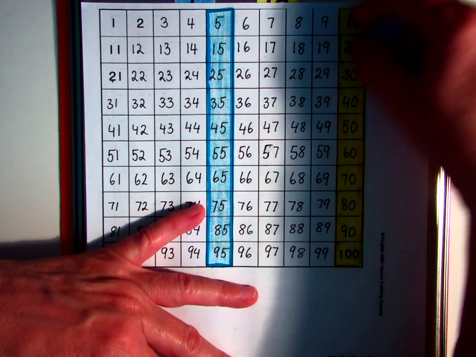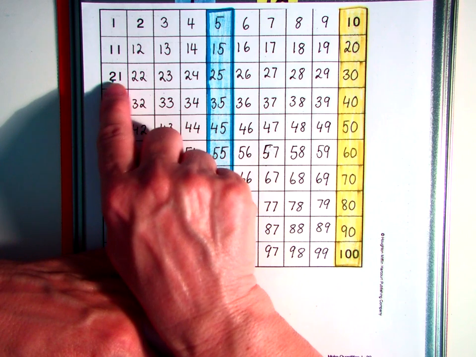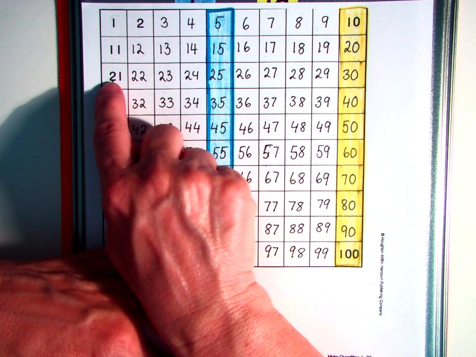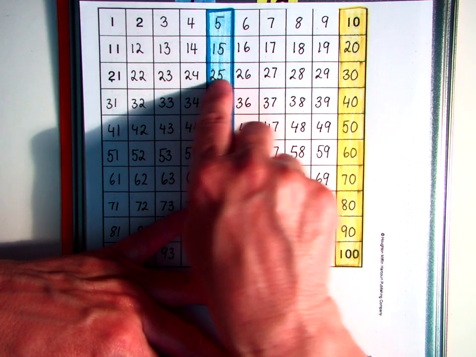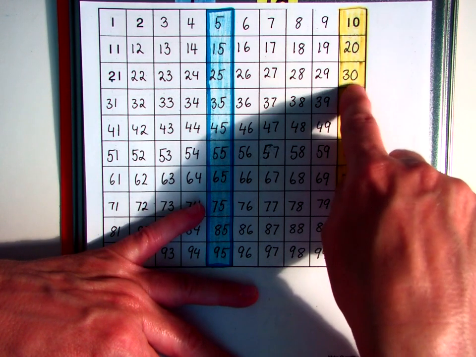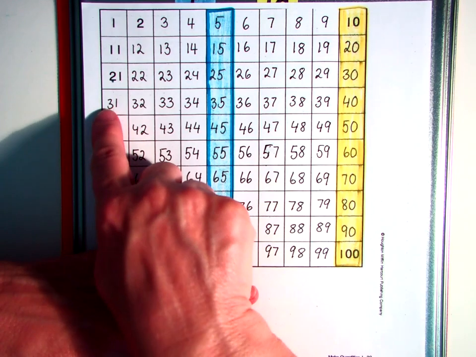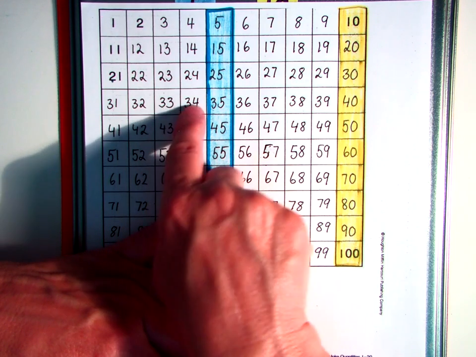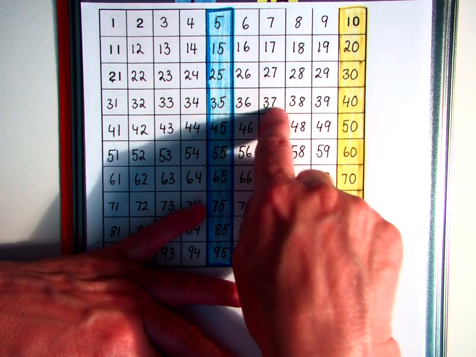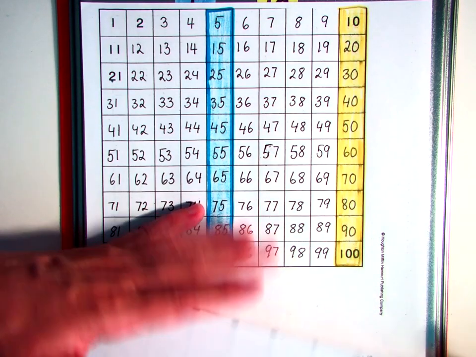Now we have 2 rows of 10, right? And 2 rows of 10 is 20, and we're going to add those ones back onto the 20. 21, 22, 23, 24, 25, 26, until we get up to 30. Then we have 3 rows of 10, and we're going to add single ones onto the 30. So you always have 30, 30, 30, but 31, 32, 33, 34, 35, 36, 37, 38, 39, 40. And so it continues to go, all right?